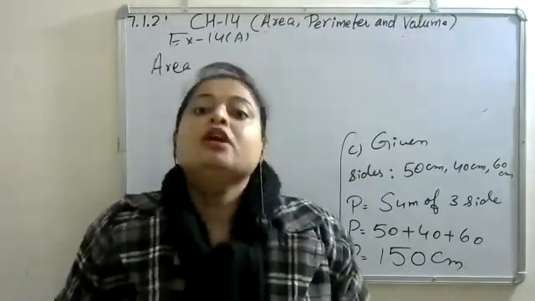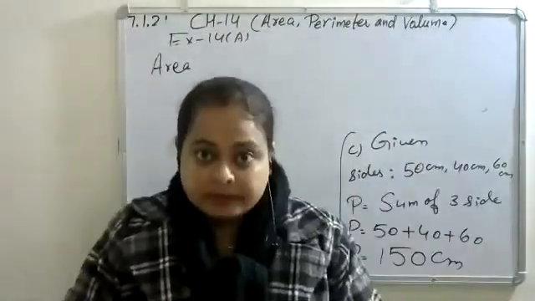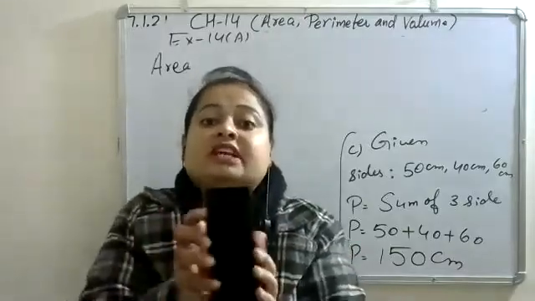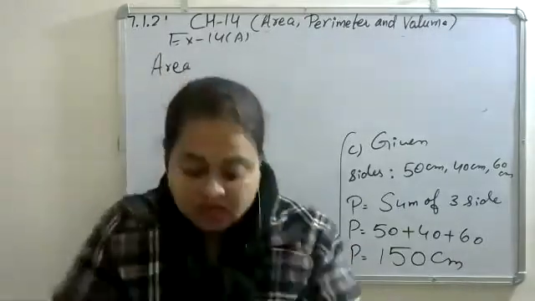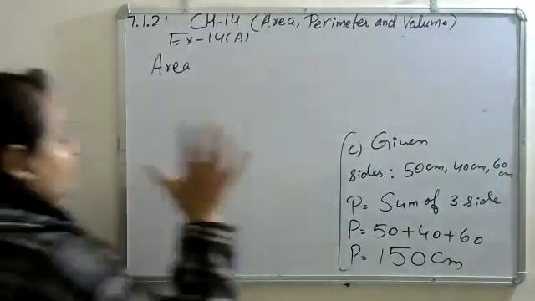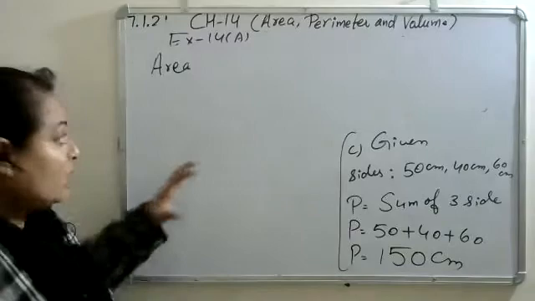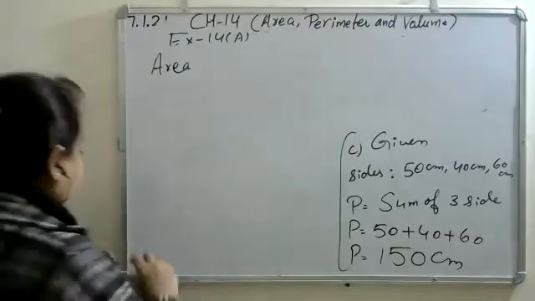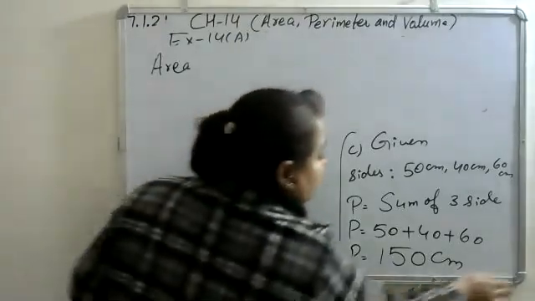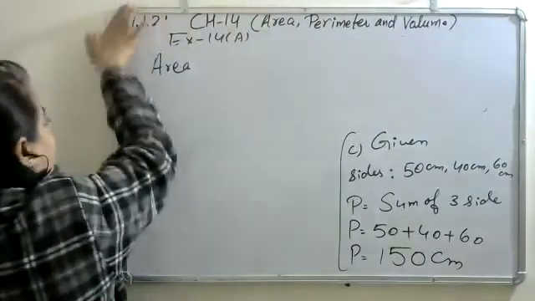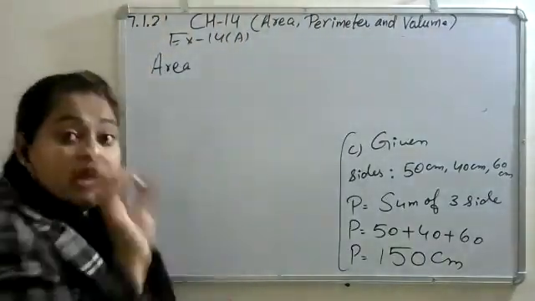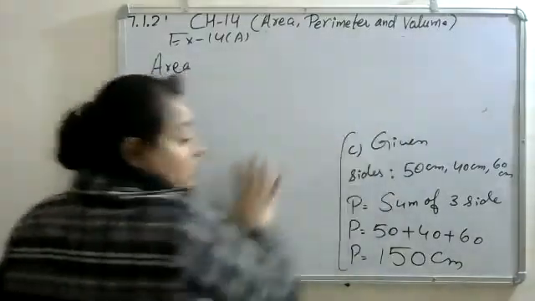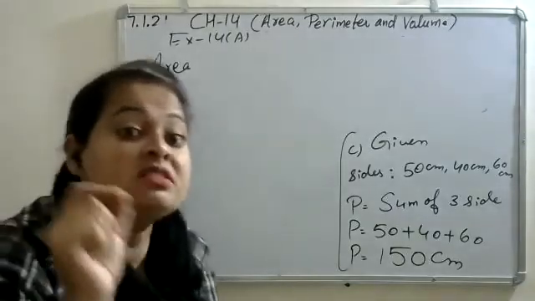In perimeter, you will consider the outer boundary. Keep in your mind, in area, you will consider the surface. If I am talking about this whiteboard and the perimeter, then perimeter means this outer boundary. But if I am talking about this surface, then this is not perimeter, this is area.